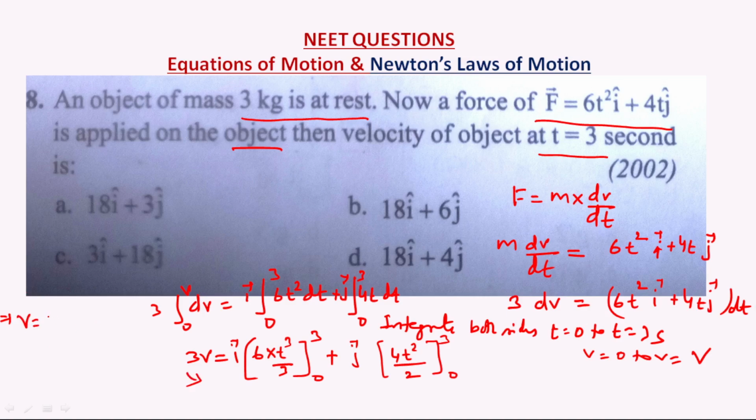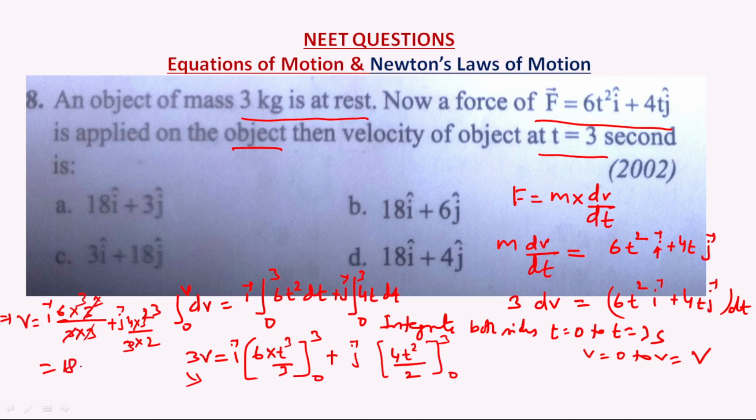So in i direction, 6 into 3 cube by 3 into 3, plus in j direction 4 into 3 square divided by 3 into 2. Right, so this 3 got cancelled, left with 3.